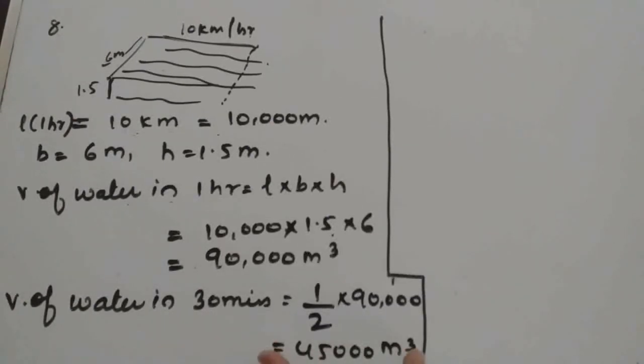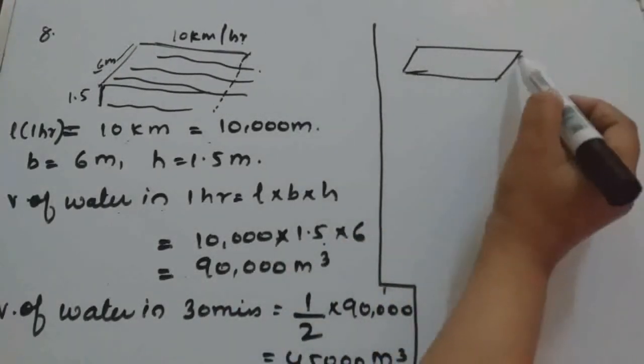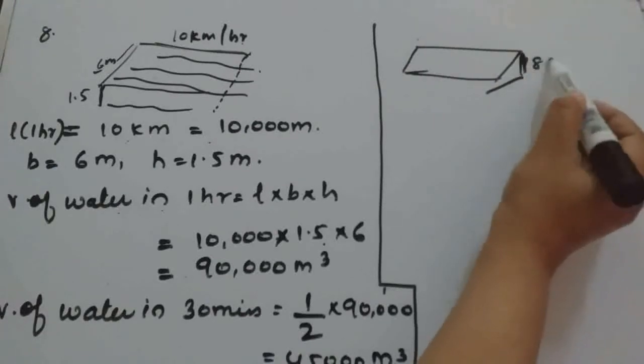Now this much volume of water should irrigate an area of land, in which 8 centimeter height of water should be there. Suppose this is the area. Height should be 8 centimeter.